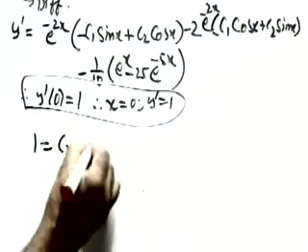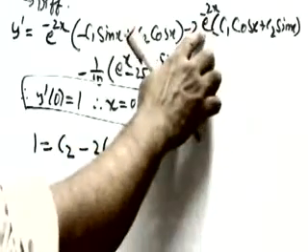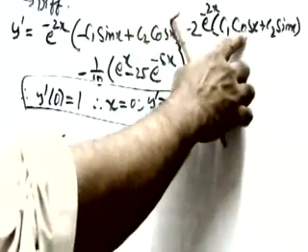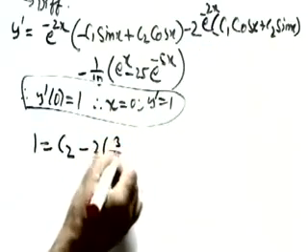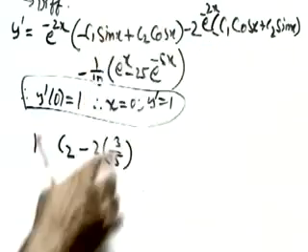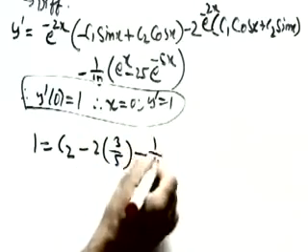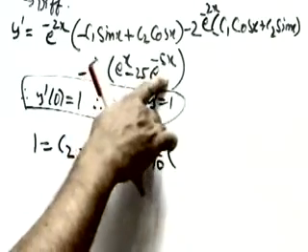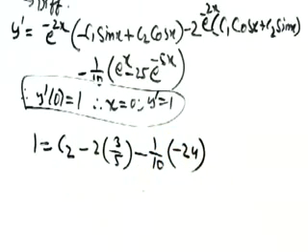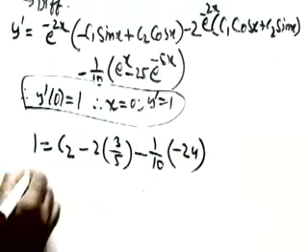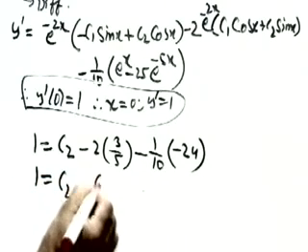Now see here, minus 2 into e power 0 is 1, cos 0 is 1, sin 0 is 0, 1 into c1 is c1. The value of c1 is 3 by 5. Now come here, minus 1 by 10 into 1, 1 minus 25 is minus 24. Now let me solve this one.